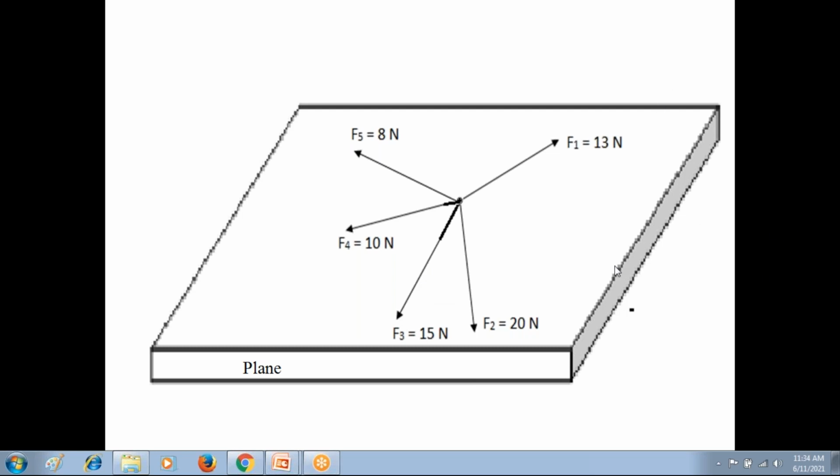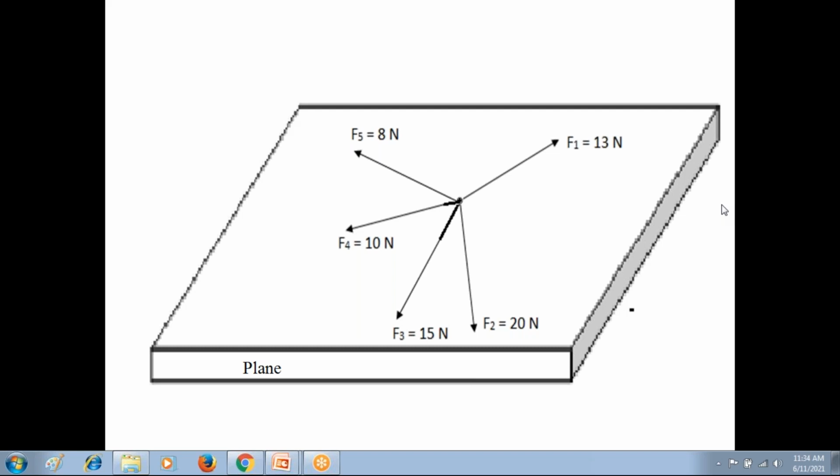So coming to this discussion, I am discussing with you the types of force systems. Just now in today's class we completed the collinear force system, the coplanar force system, and the coplanar parallel force system. Now we are discussing the coplanar concurrent force system.